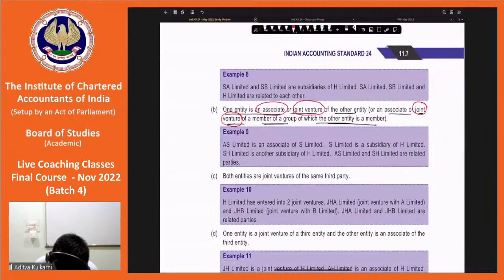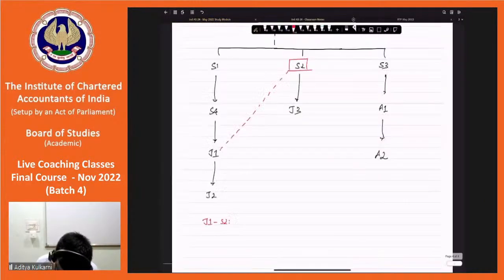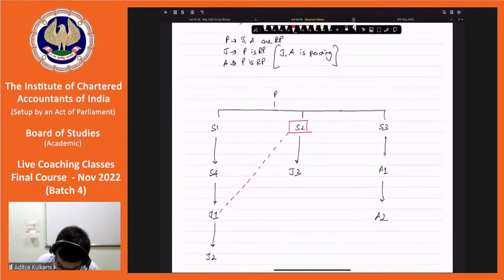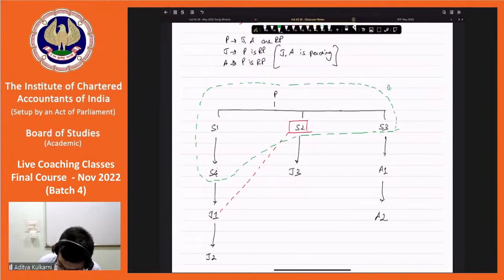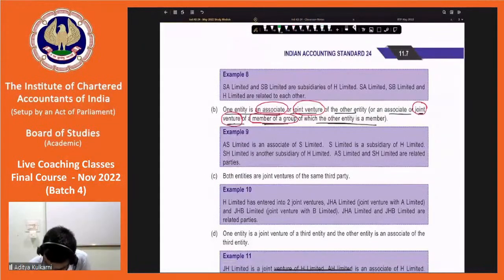Of whom? Of a member of a group. So, is S4 a member of the group? Yes. P, S1, S2, S3, S4, this whole thing is one group.